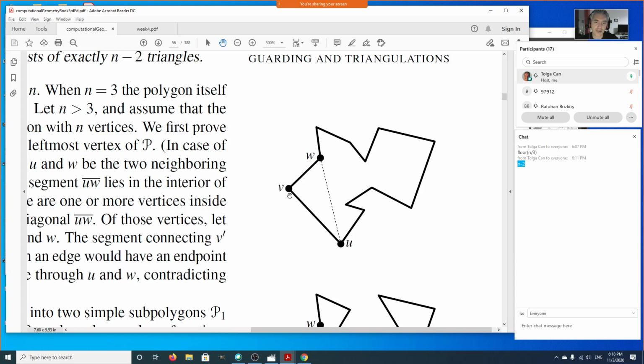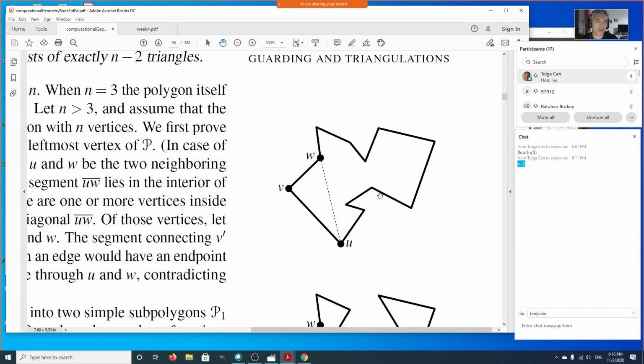Now what we do is look at the 2 other vertices to which V is adjacent, W and U. If there is no other vertex to the left of UV, if there is no vertex in the polygon to the left of UV, then this is a diagonal that we can always draw.